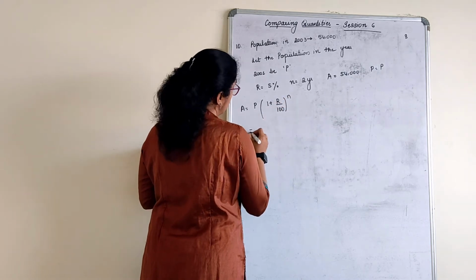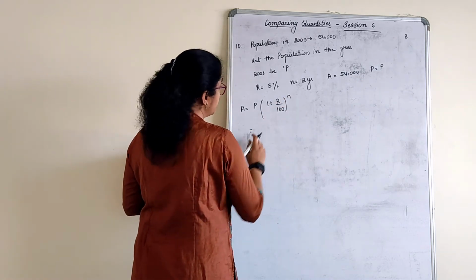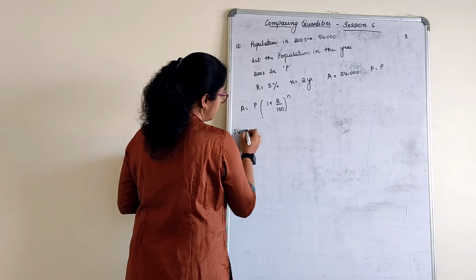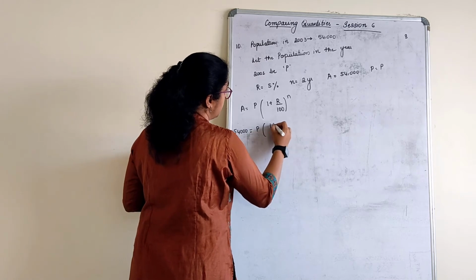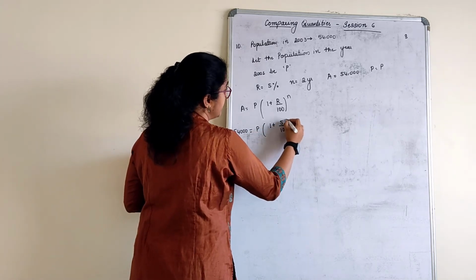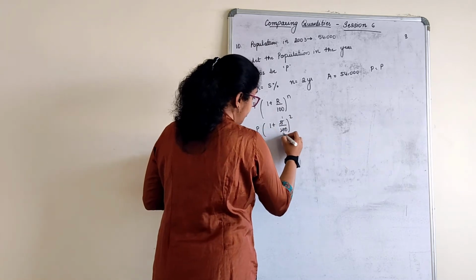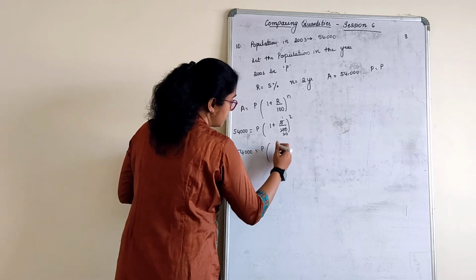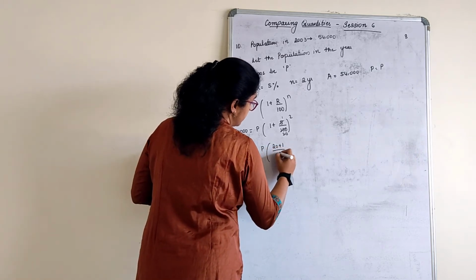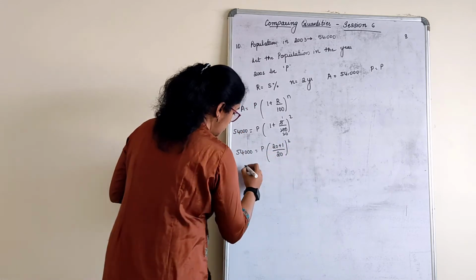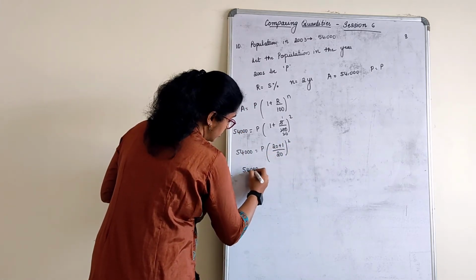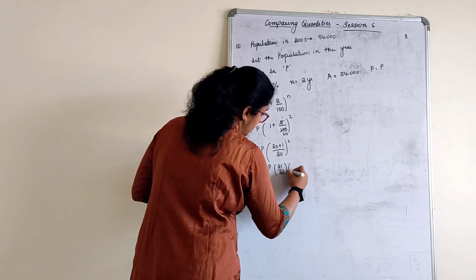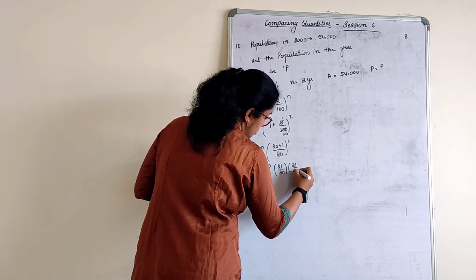Raised to N. So P is how much here? We have to find. Amount is 54,000. 54,000 is equal to P of 1 plus 5 by 100 raised to 2. 5 1s are 5, 5 2s are 10, so 1 plus 1 by 20, that is 21 by 20 raised to 2. 54,000 is equal to P of 21 by 20 into 21 by 20.